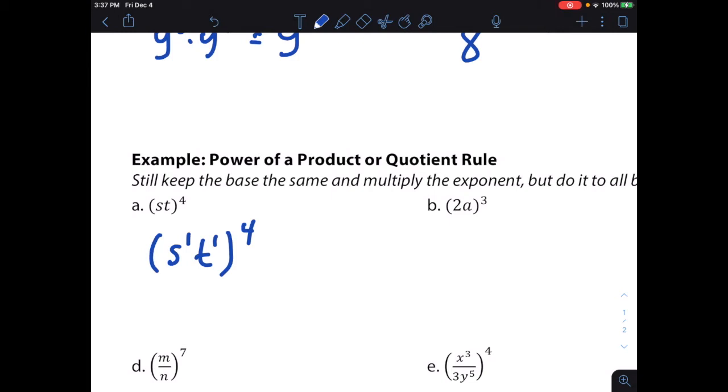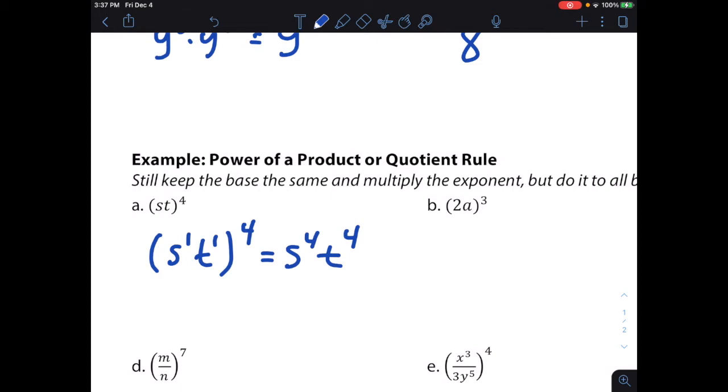We need to apply the exponent that's on the outside of the parentheses to both of those bases. So this becomes s to the 1 times 4, or just 4, and t to the 1 times 4. So both of them just become to the 4th power.